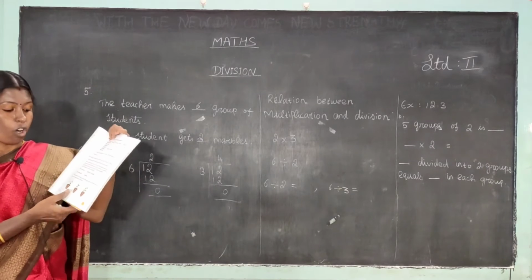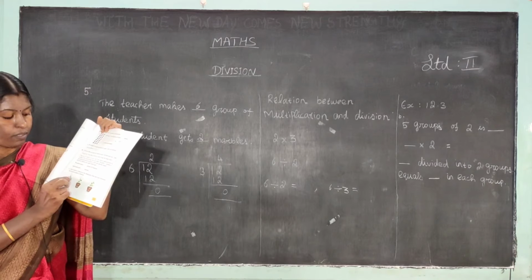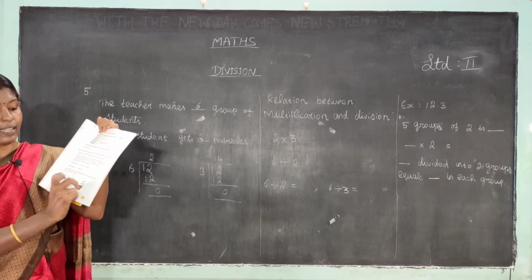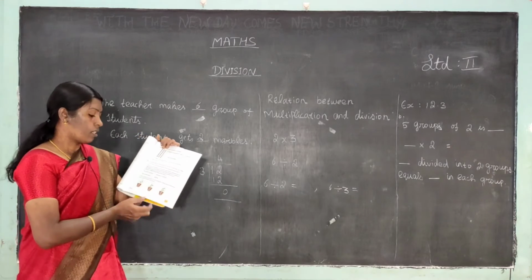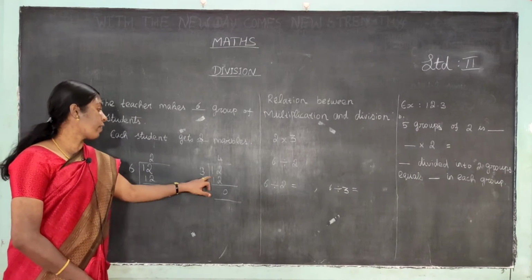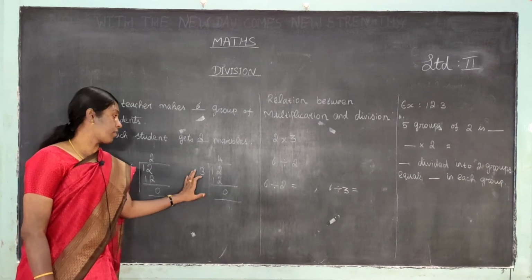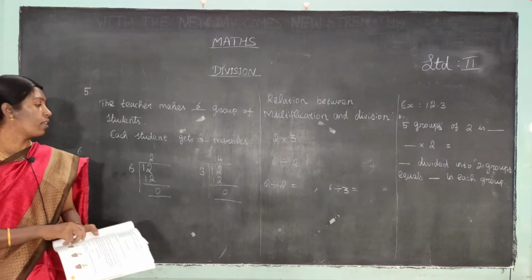We have to draw how many flowers in a pot? 4. Draw them here, here, here, here, in a colorful way. Do you understand? Just 3 pots are here and draw a total of 12 flowers. So we are dividing 12 by 3. What is the quotient here? 4. Do you understand?